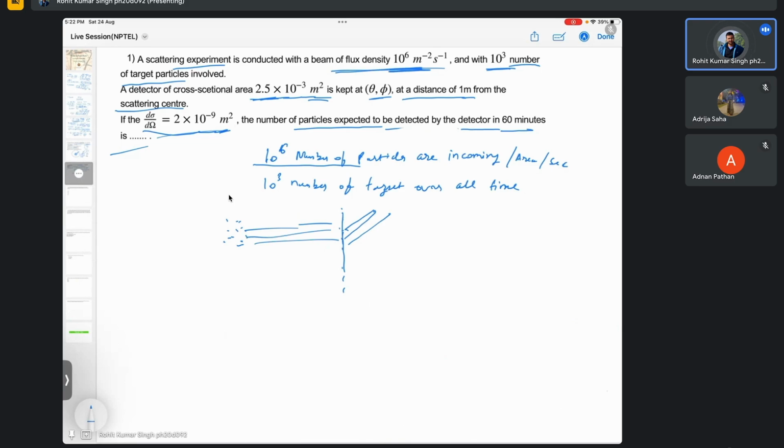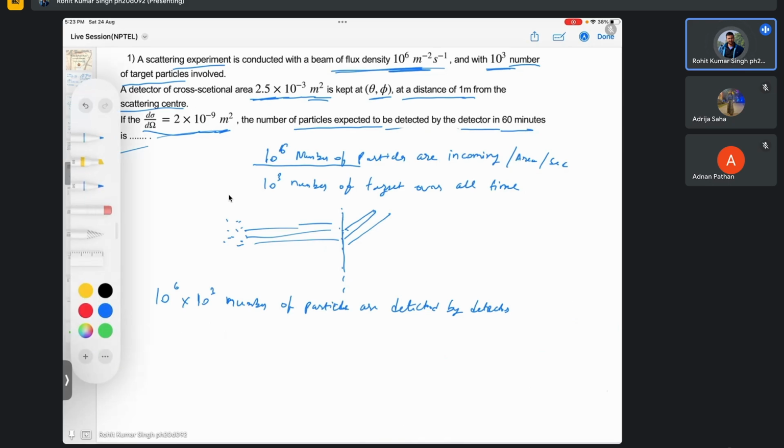Now you have to understand. So 10 to the power 6 into 10 to the power 3 number of particles are detected by the detector. Oh wait, no, we'll have to multiply the cross section.